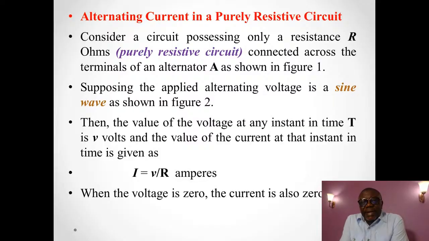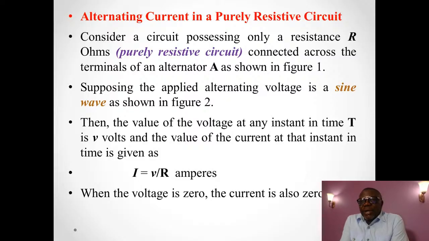In our earlier lecture, we've looked at different circuit elements, but three are outstanding, and that is the resistance, the capacitance, and the inductance. Now, if your circuit is containing only a resistor, you say that that circuit is a purely resistive circuit.